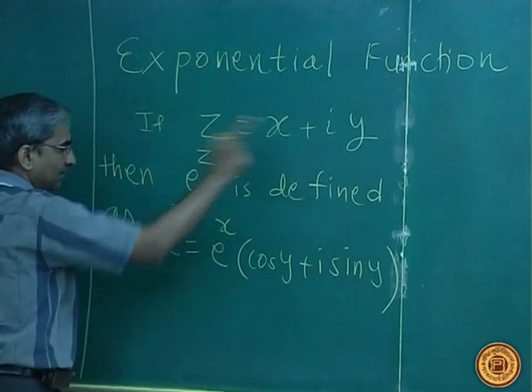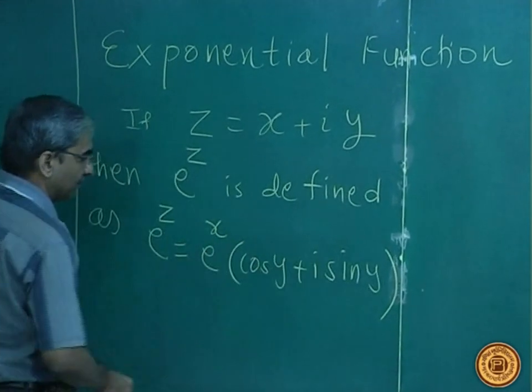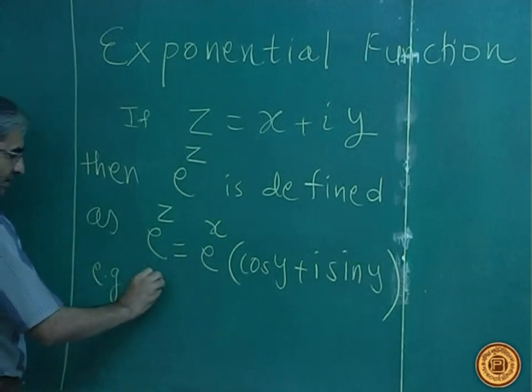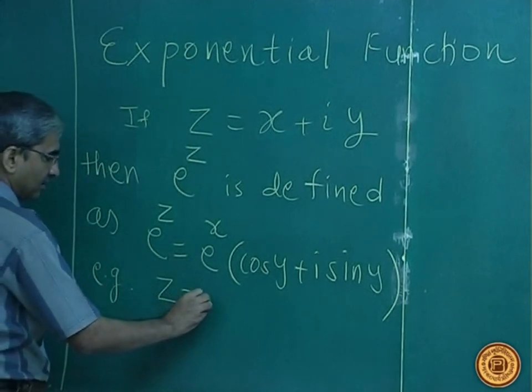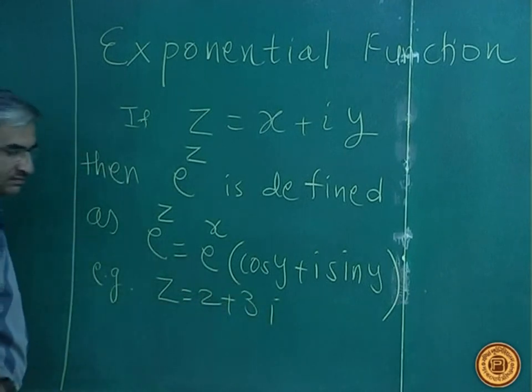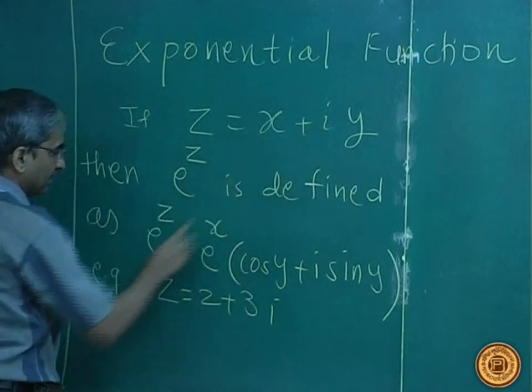So you see the formula again. If z is x plus iy, e to the power z is e to the power x into cos y plus i sin y. So for example, z is 2 plus 3i. Then what is x? x is 2, y is 3. So substitute.